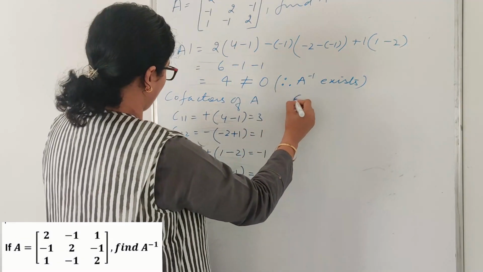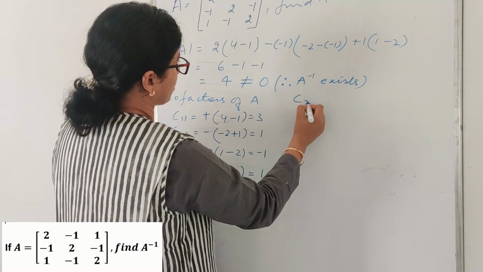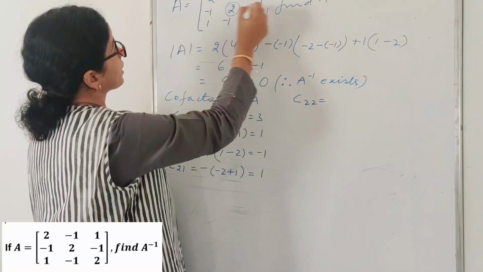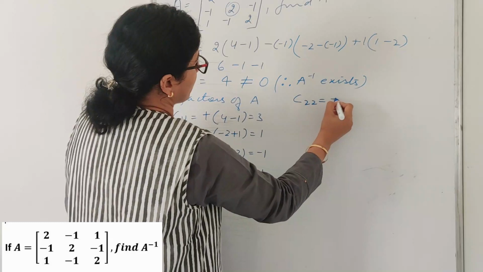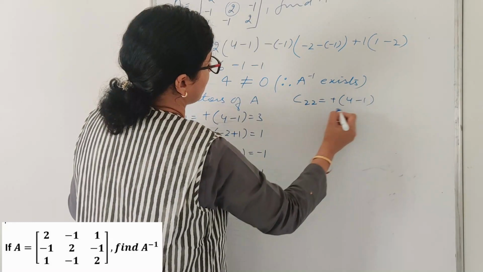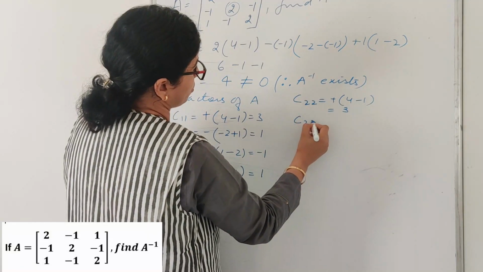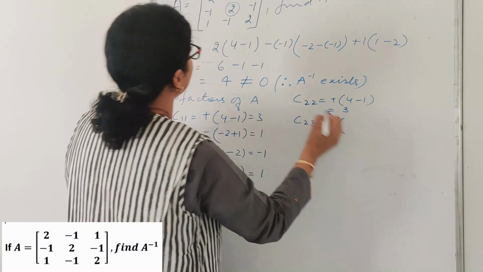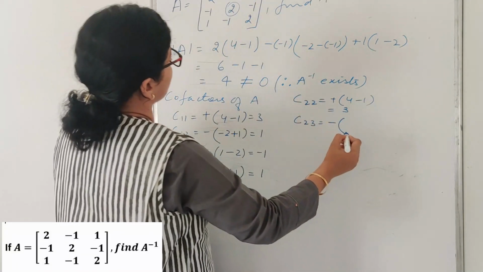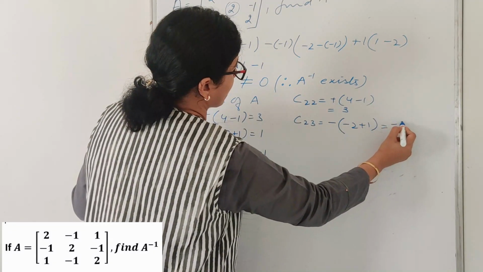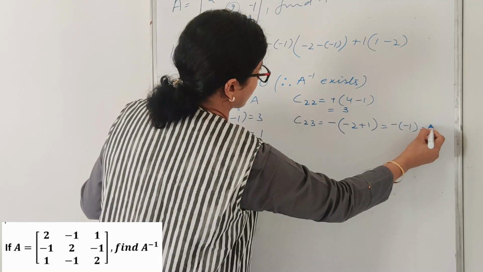Now we will find out C22. Leave the corresponding row and column, plus 4 minus 1. So what you are getting? 3. C23, minus sign, minus 2 plus 1. So what you are getting here? Minus of minus 1 means 1.